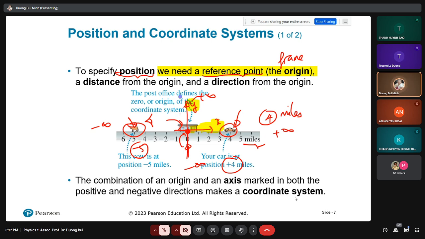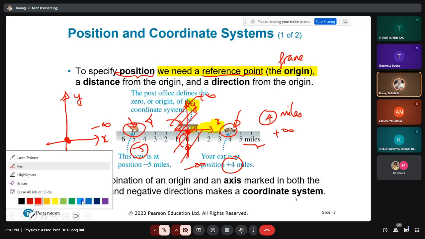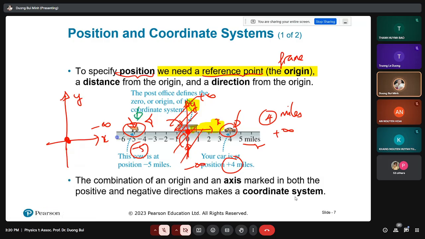If you don't have xy coordinates, you cannot make the comparison between this cow and this cow. For example, if here is x and y and the origin is here, then the distance of these cows will be positive, maybe a, and the position of the car compared with the origin is also positive, b.